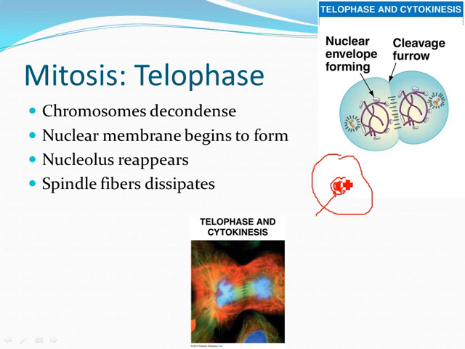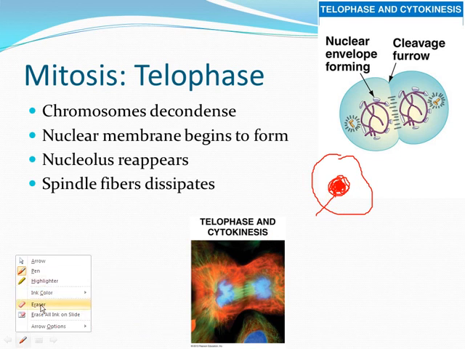The DNA inside the nucleus is called what? The decondensed form? Chromatin. Yes, chromatin.